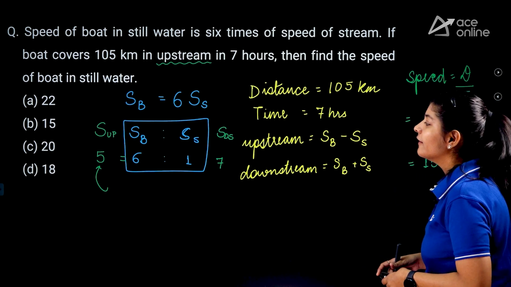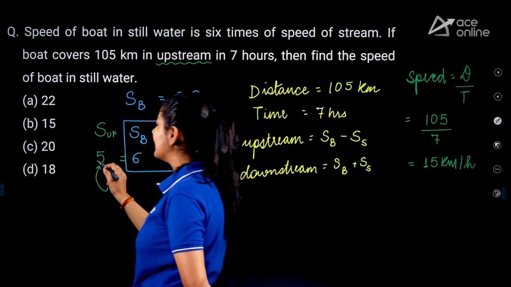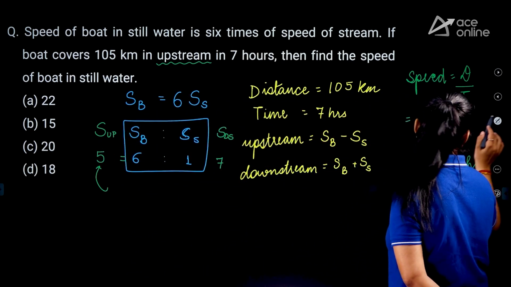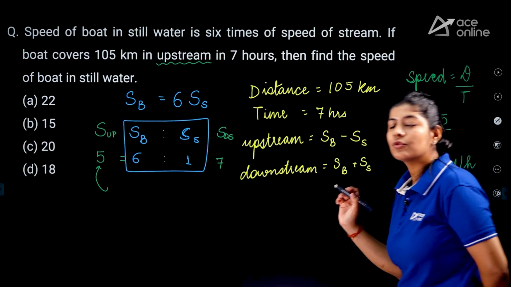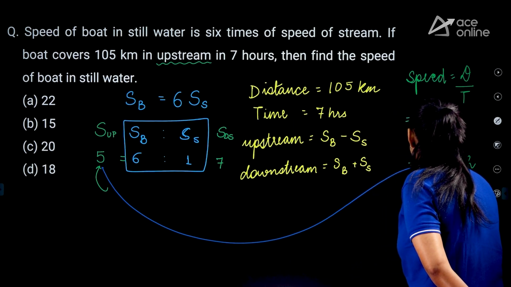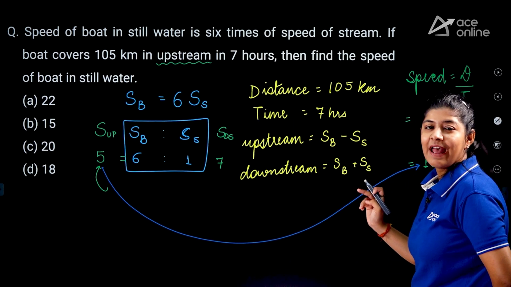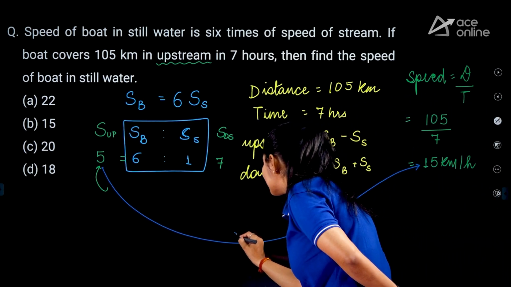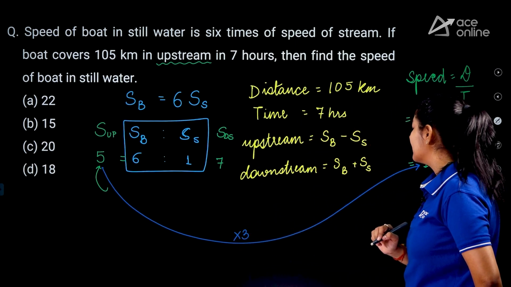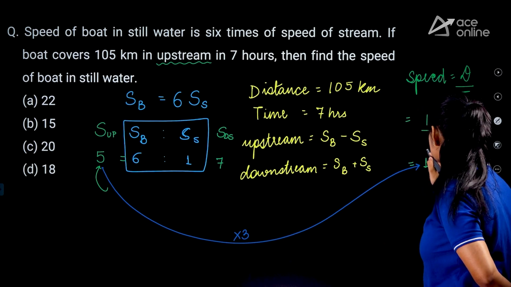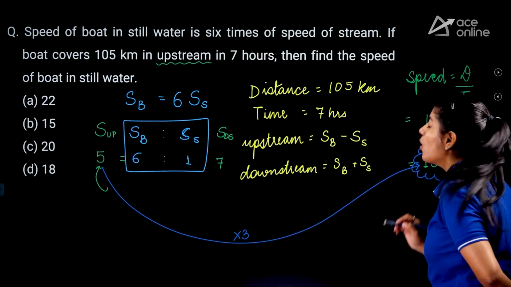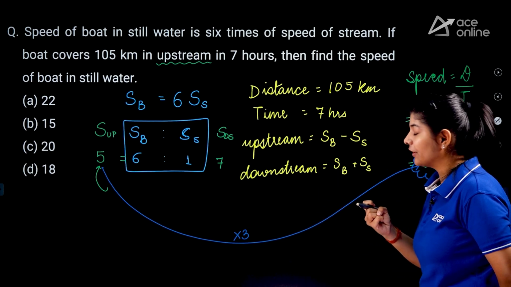But here we are having a speed on the multiple of 5, right? We are having a speed on the multiple of 5. That means now I have to check this 5, here we are having this particular value. So we can say that it is present on the multiple of 3. It is present on the multiple of 3 because this is basically the combined speed of boat and stream.